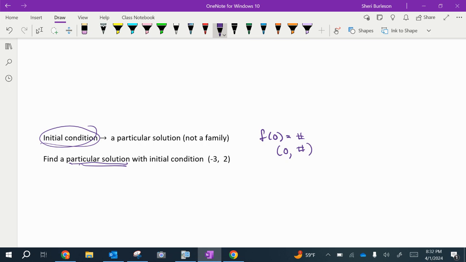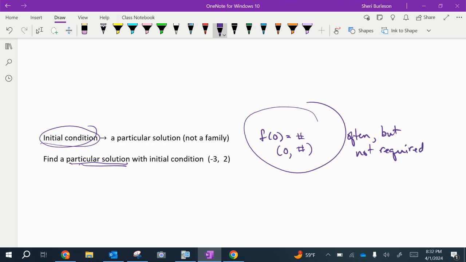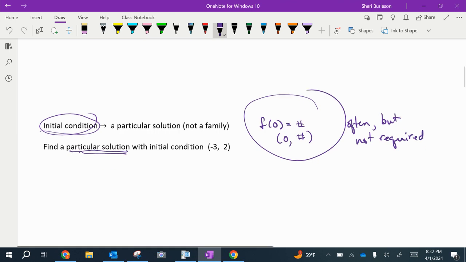So it could be time and position: 3 seconds prior to that, what was the position? That might be your initial information that is given. So it doesn't have to be an x value of 0. This is often the case, but it is not required. It can be any point that I know is on that particular solution.